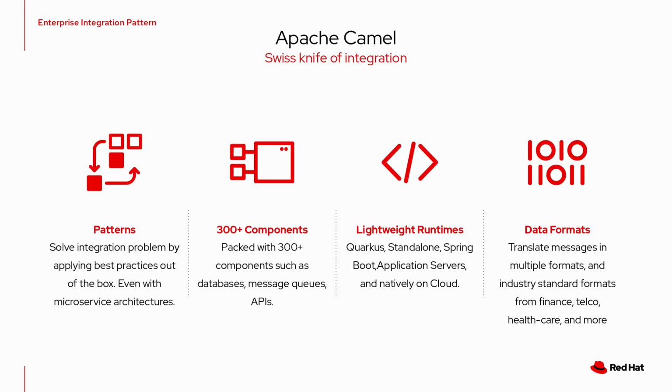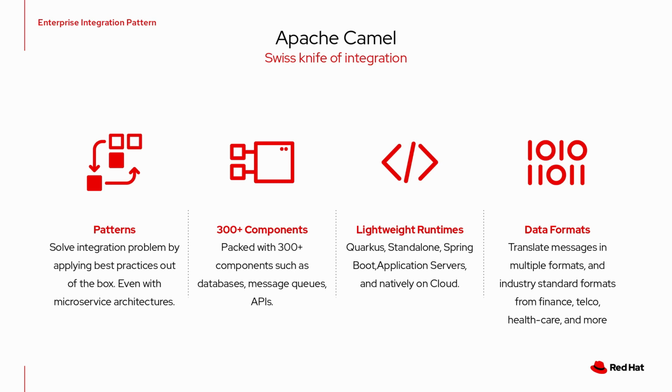To fulfill both the centralized integration and the cloud-native integration requirements, we have been contributing for many years to the Apache Camel project, where the community is developing an integration platform that could fit both of those architectures.